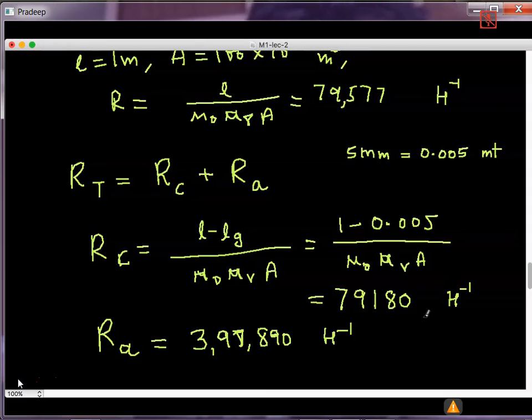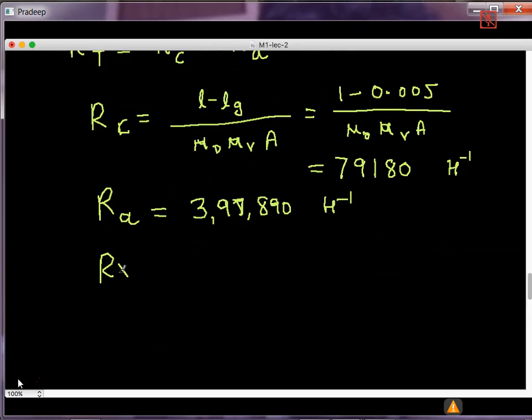So therefore, R total is nothing but addition of these two. So that I am getting 4,77,070 Henry. So this is the calculation of reluctance.